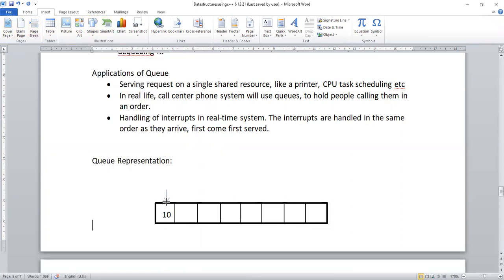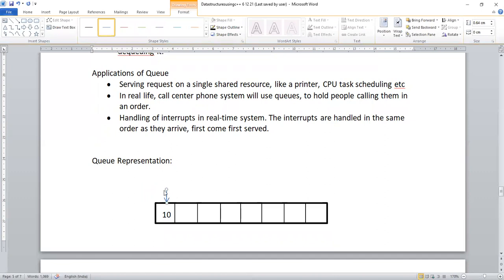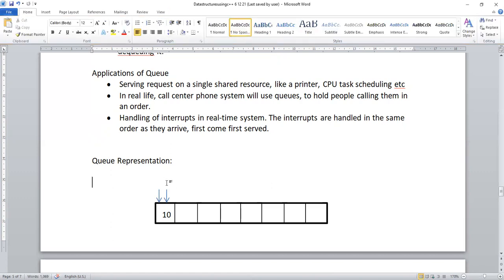So there will be two pointers here. Using rear I'm inserting the element, using front I'm deleting the element. So here I'm having two pointers, front pointer and rear pointer.